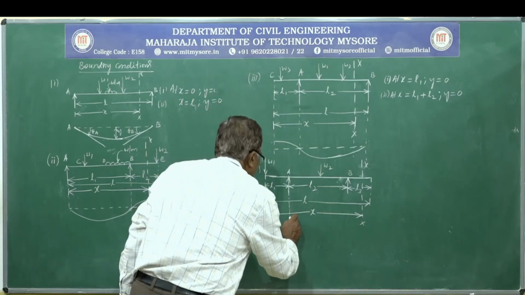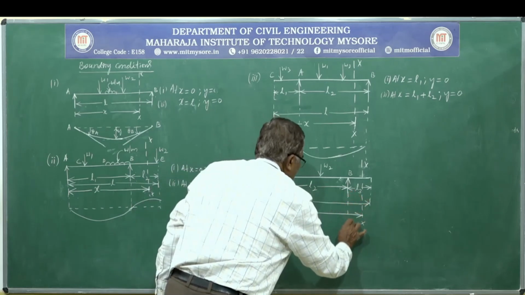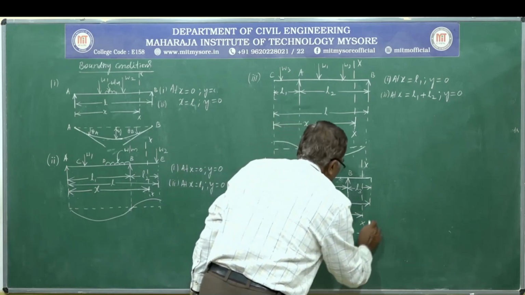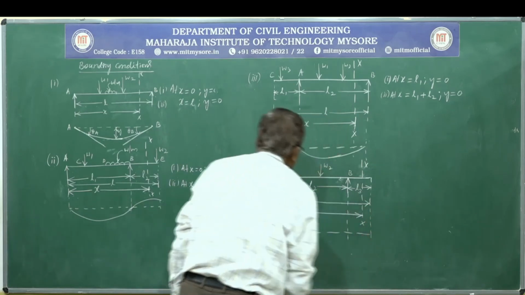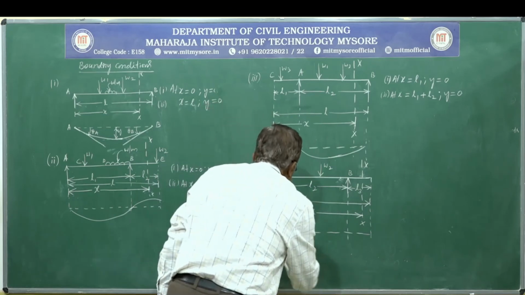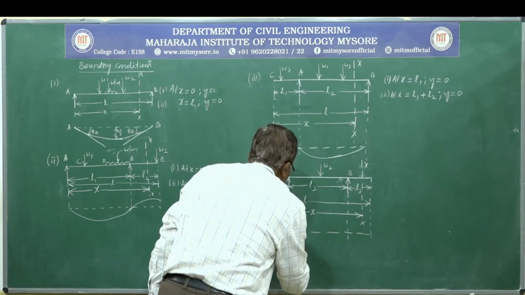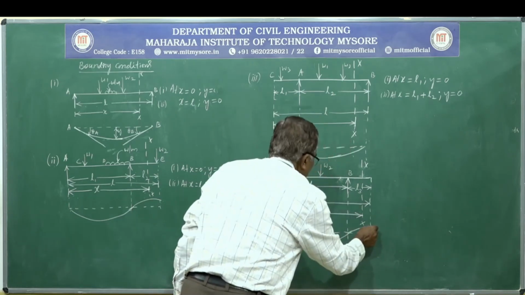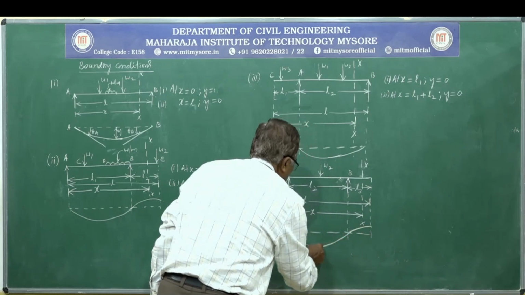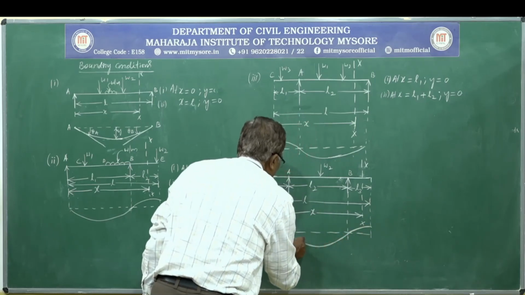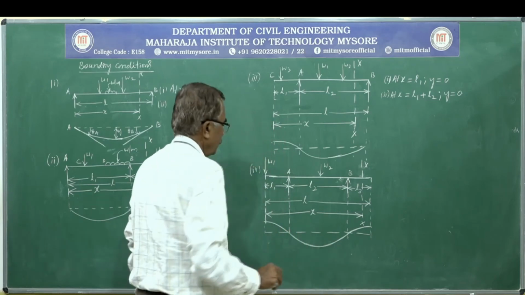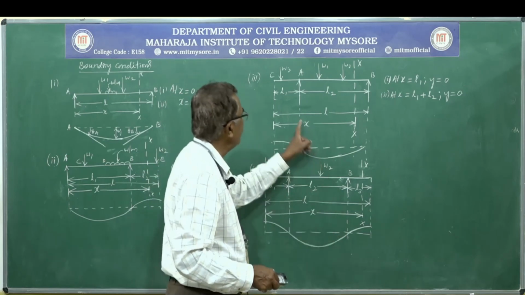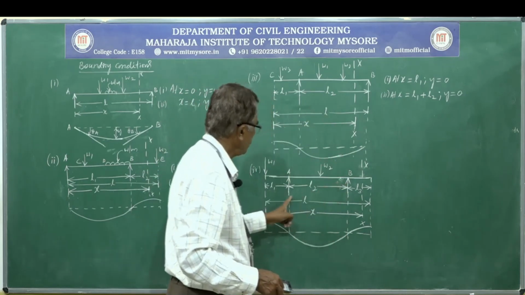And if you consider the deflection pattern, the beam will deflect like this. So deflection is 0 here and 0 here, meaning deflection is 0 at the supports.